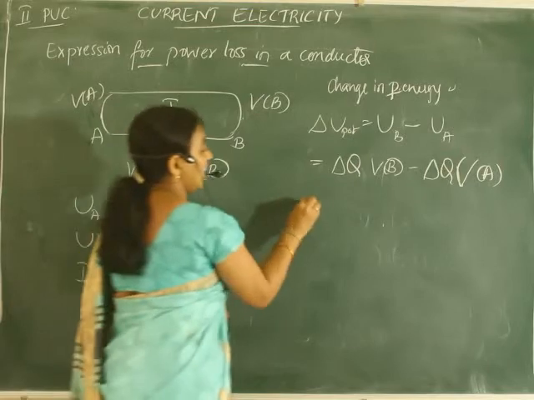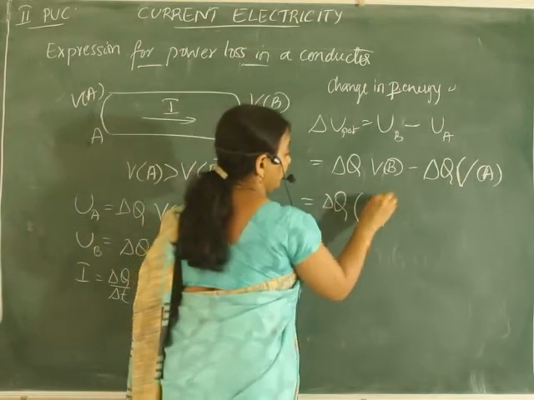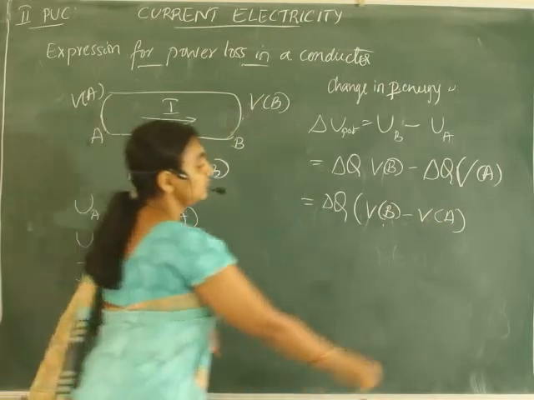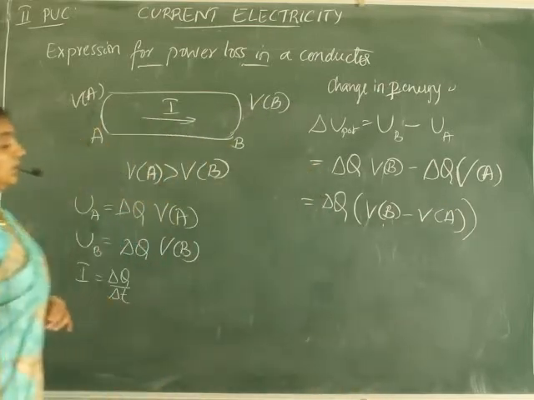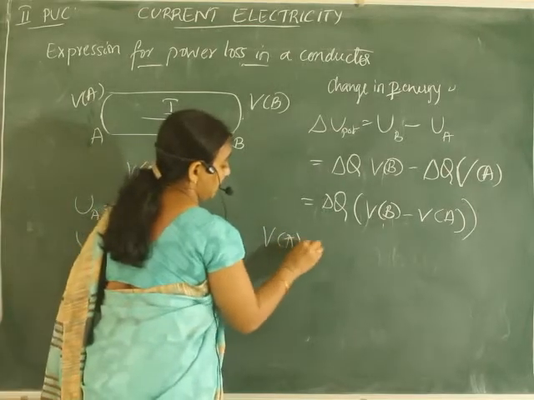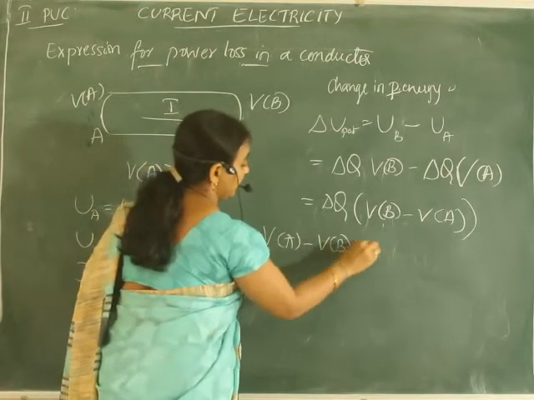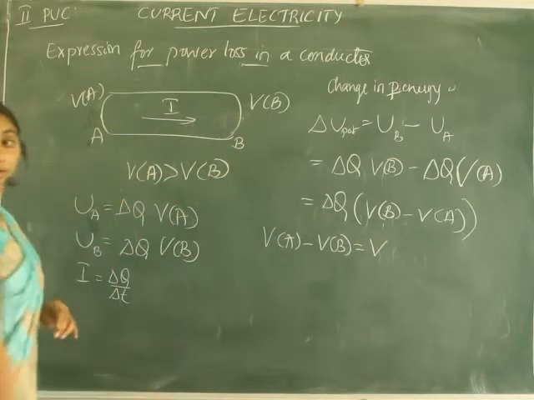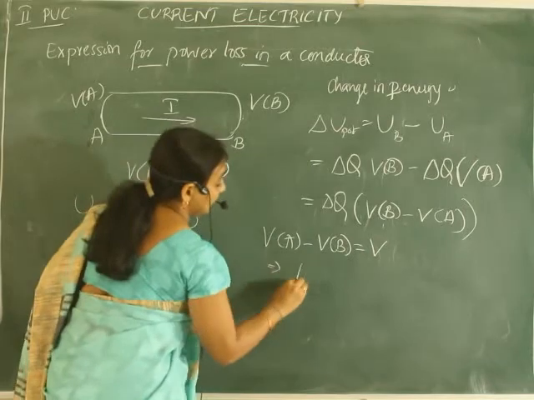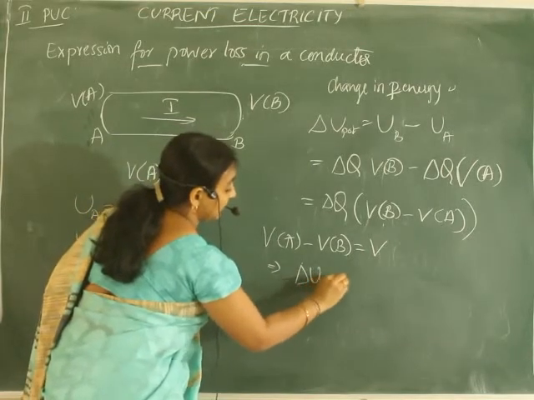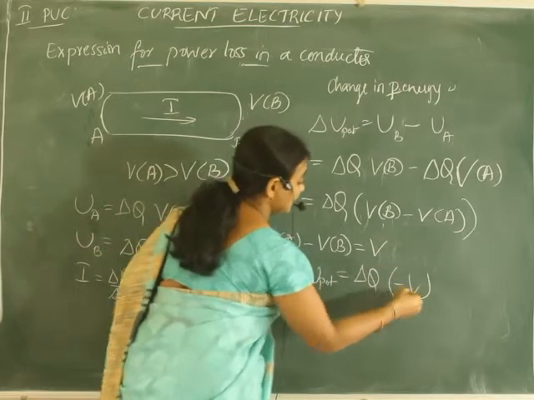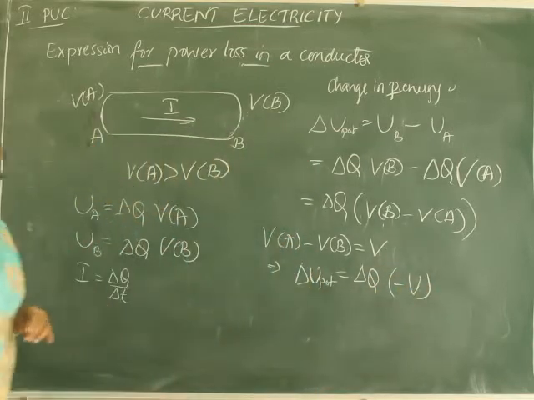Delta Q is common, V of B minus V of A. Let V of A minus V of B be equal to V. This implies delta U is equal to minus delta Q into V, correct?